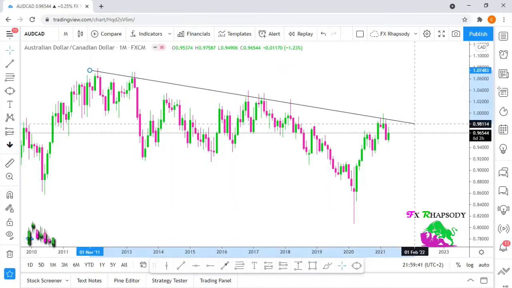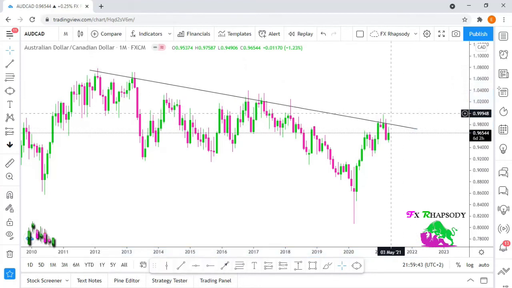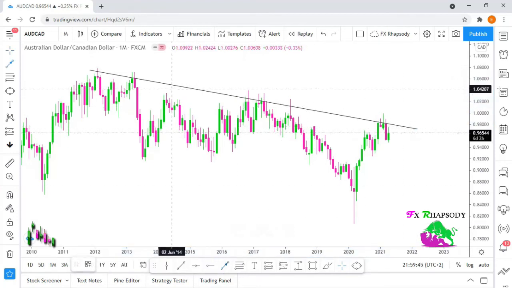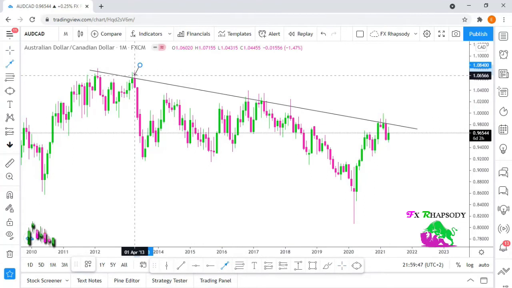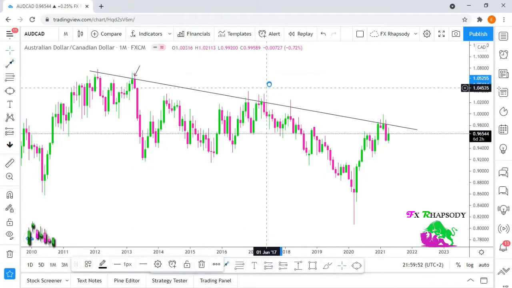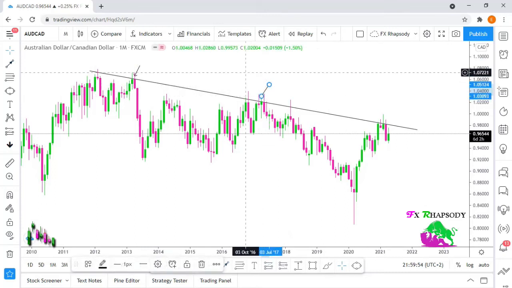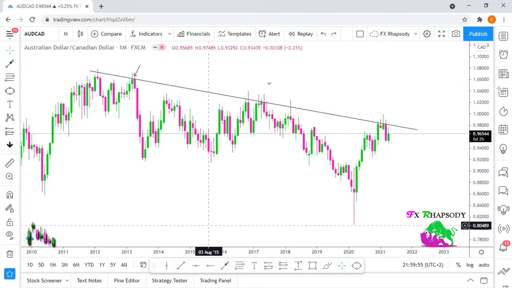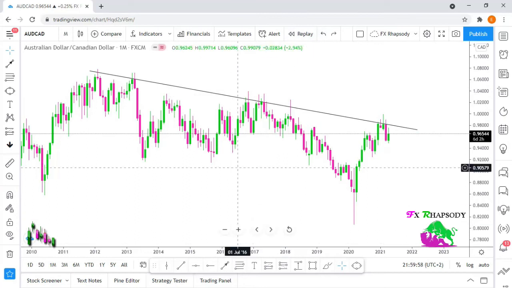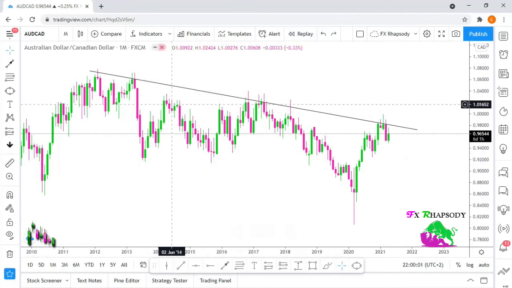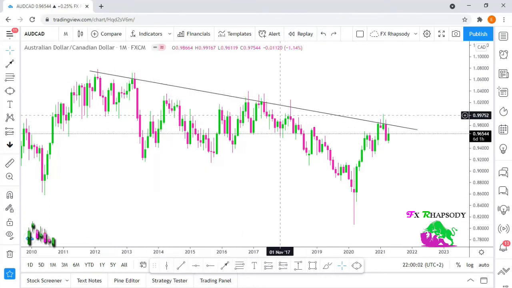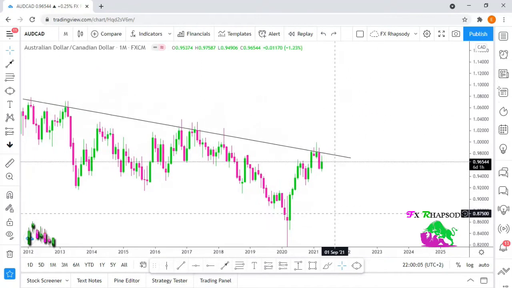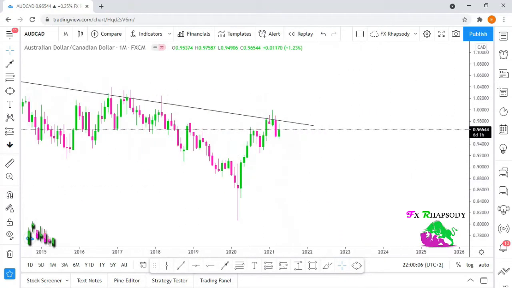So we can see that this trend line has been hit a couple of times. The trend line has been hit multiple times, which makes it a very strong trend line.